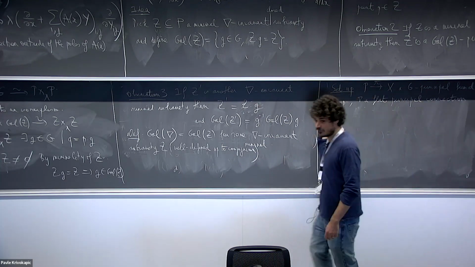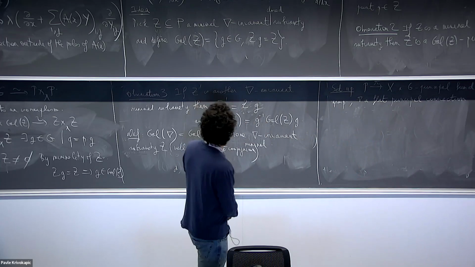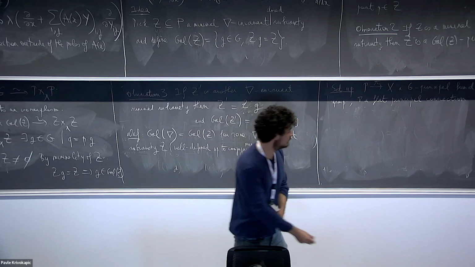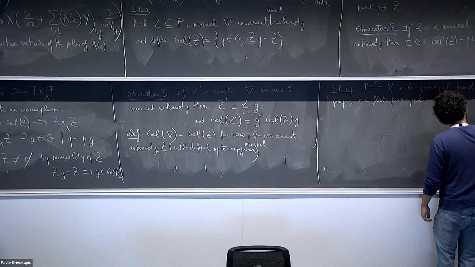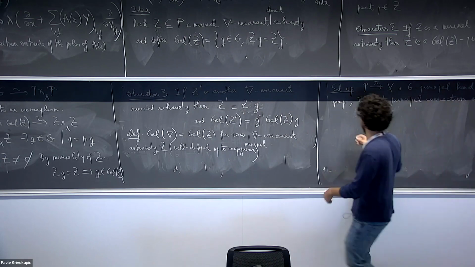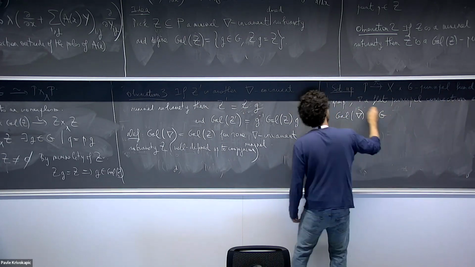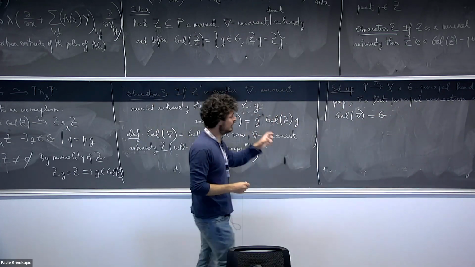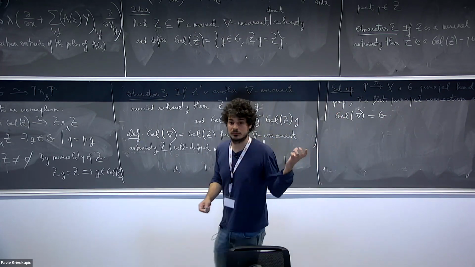Flatness will come into play soon. And we assume that this connection has maximal Galois group, that is, gal of delta is equal to G. So you have a principal bundle, a flat principal connection on this bundle, and with full Galois group.